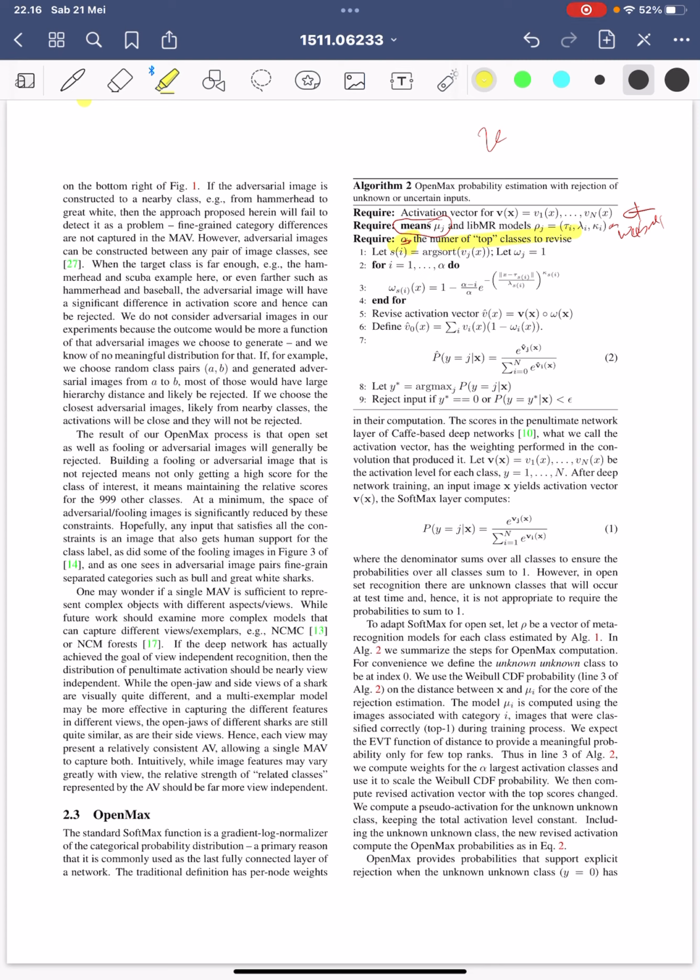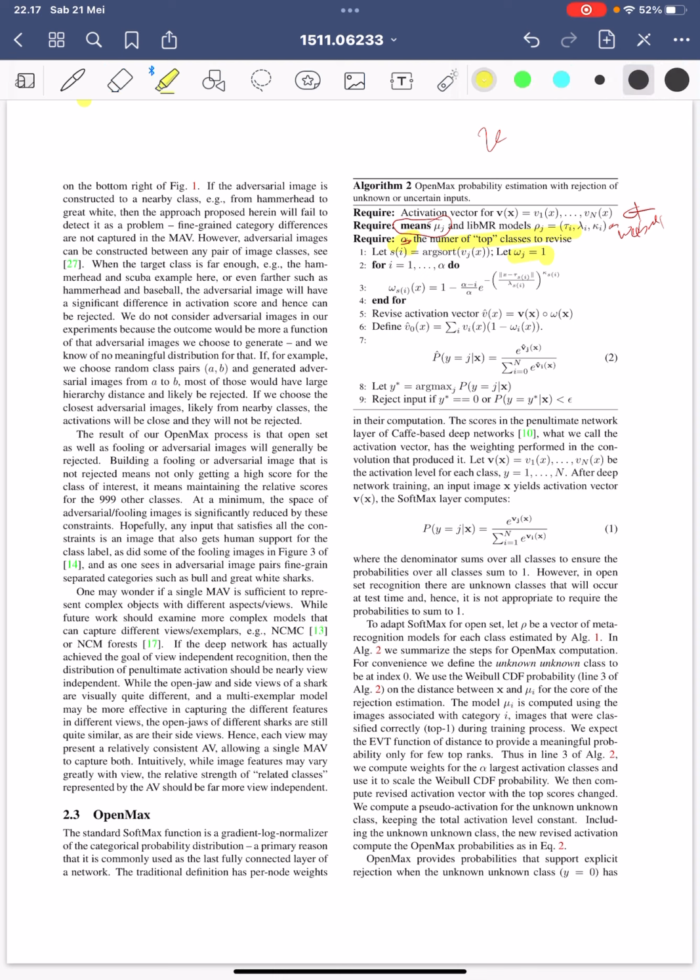We need to specify this hyperparameter, and then we get the sorting of the activation factors, and we let every class have weight 1, and then for 1 to the number of top classes we get the weight.